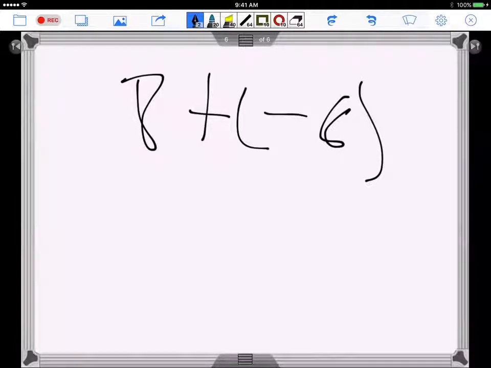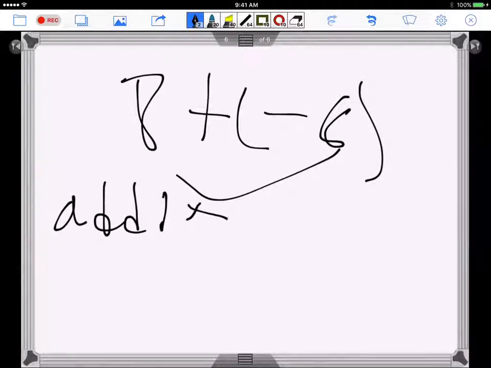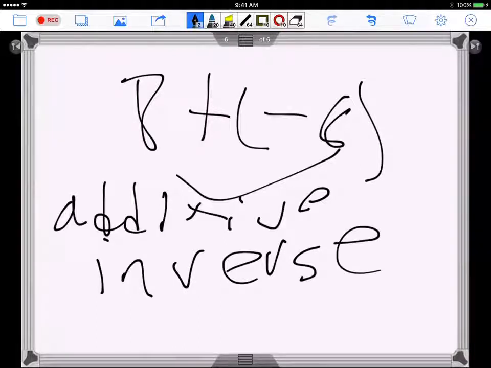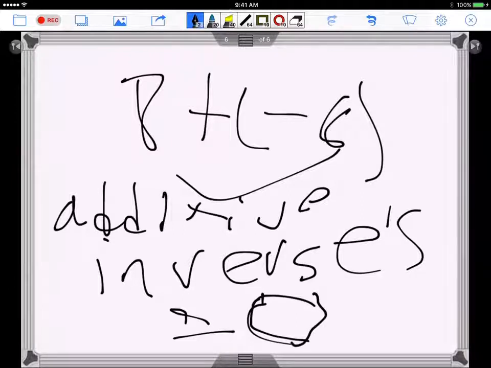And so if it's always this, it's called an additive inverse. And additive inverses always equal 0. No matter what number, no matter how big, how small.